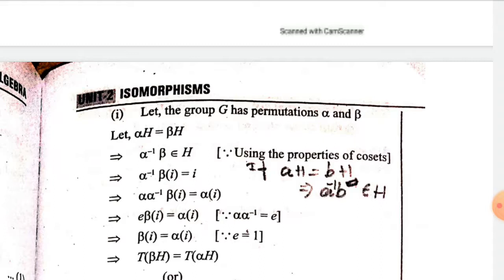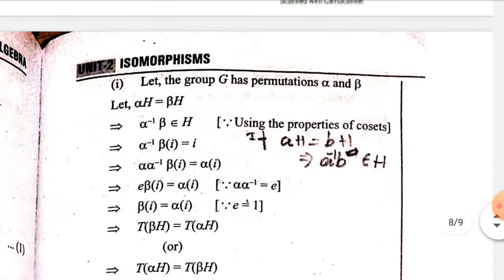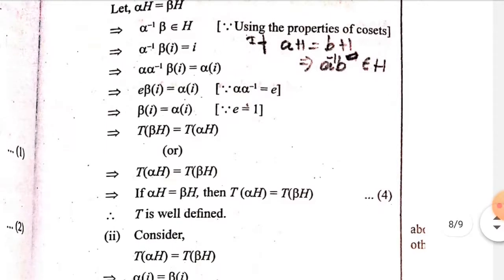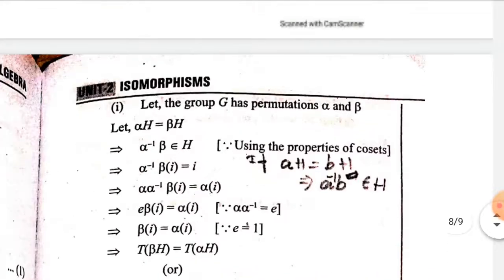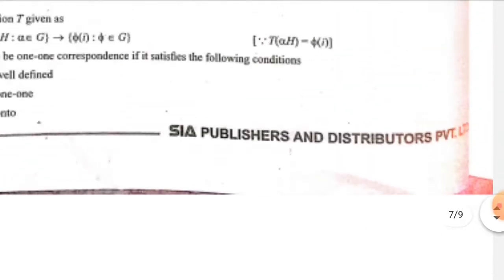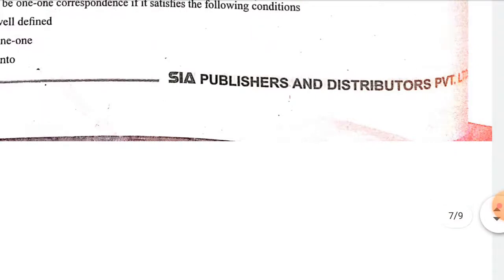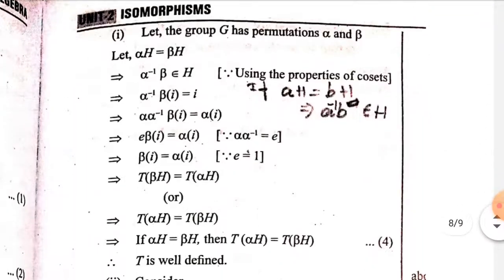Alpha inverse beta of i equals i. Now on both sides we apply alpha. Alpha times alpha inverse is the identity, so beta of i equals alpha of i.